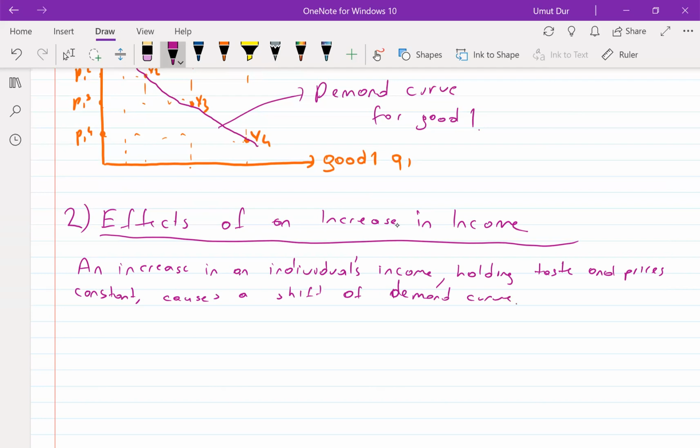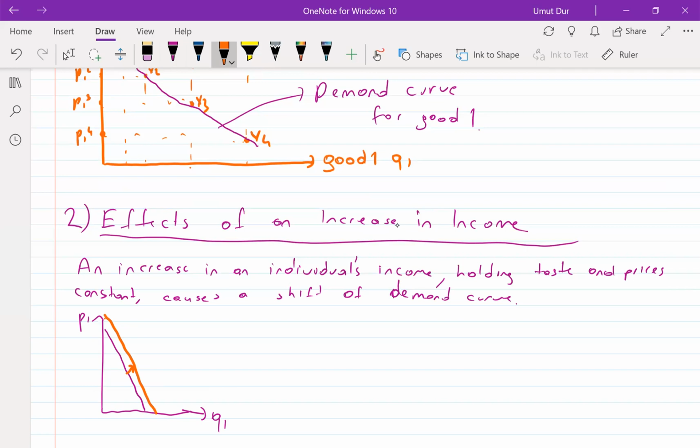So in chapter 2, for simplicity, what we said is, if this is our demand curve, this is Q1, this is the price of good one, and if our income increases, then our demand for a given price will increase.